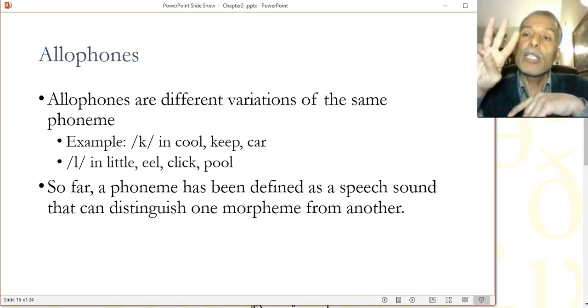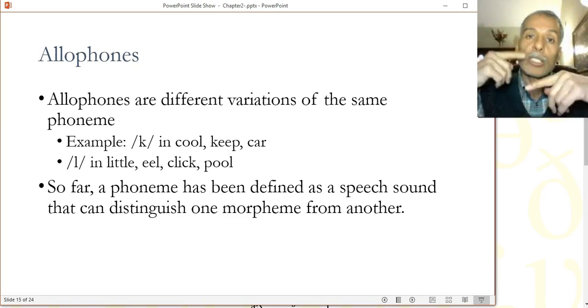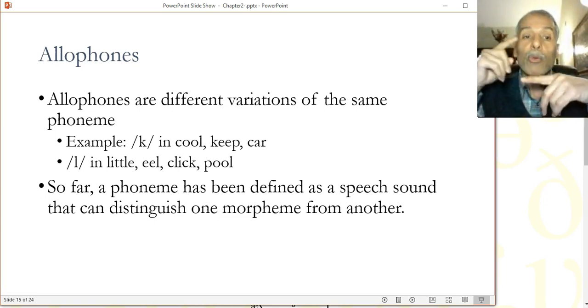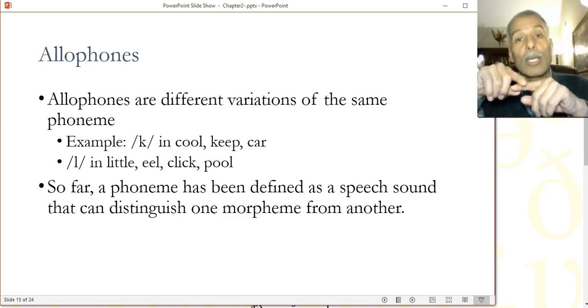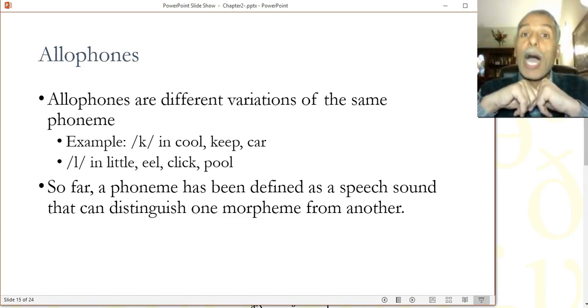So there are three different forms of how you say the same phoneme, the K. These variations depend on what comes before and what comes after a phoneme. However, the same phoneme does not change. In every case, you have the K. So if you make it different, the word is still going to be the same.